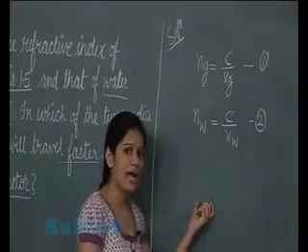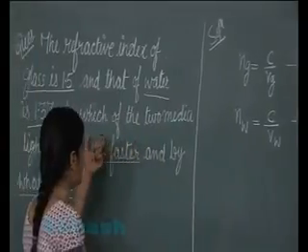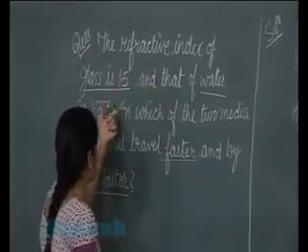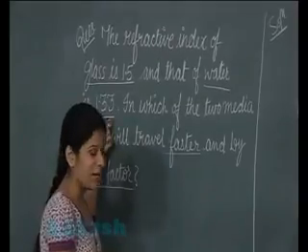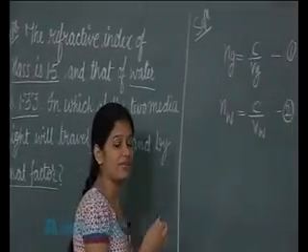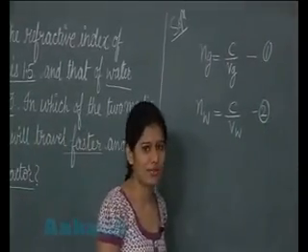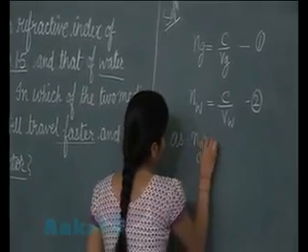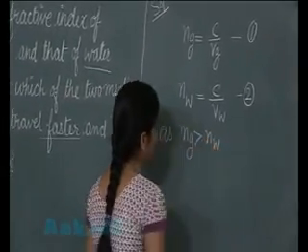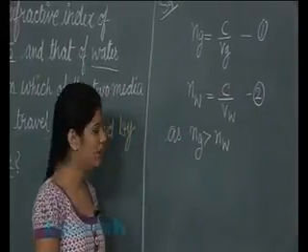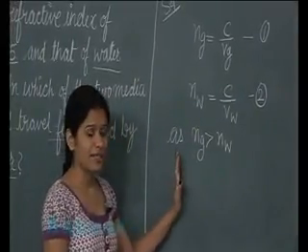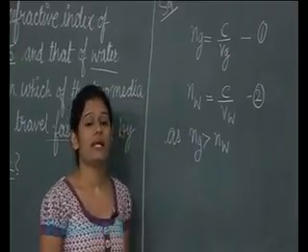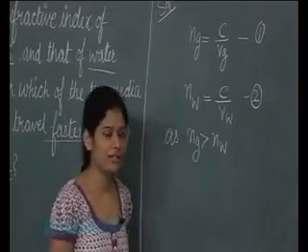Now student, from the question we can see the refractive index of glass is 1.5 and that of water is 1.33. And we can see the refractive index of glass is greater than the refractive index of water, as Ng is greater than Nw. Now student, as we know, greater the refractive index, denser is the medium, and denser the medium, lesser will be the speed of light in the medium.